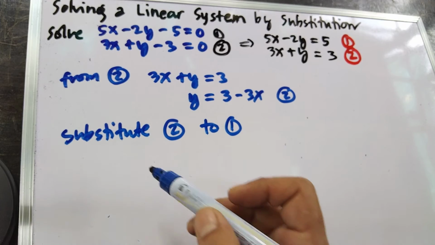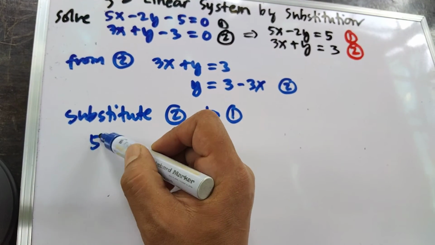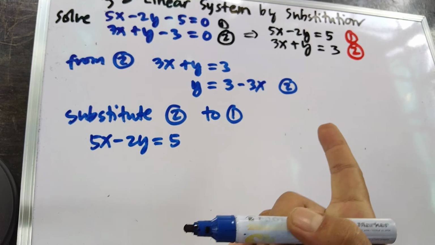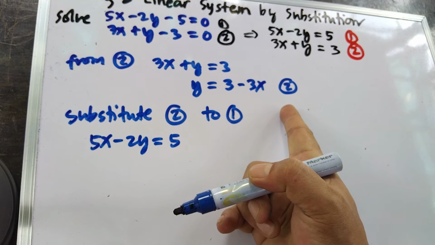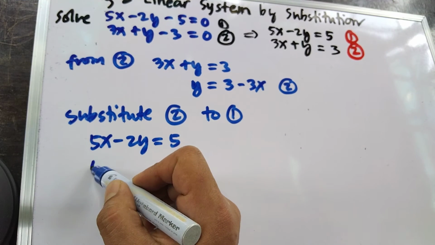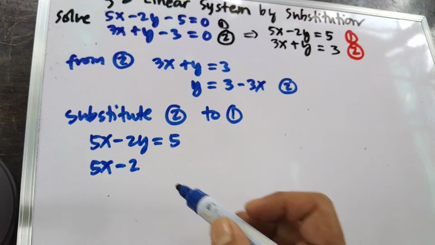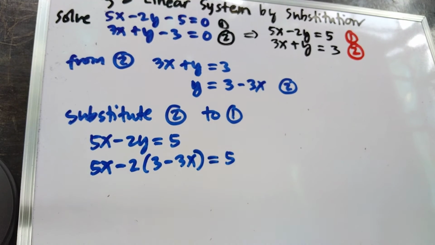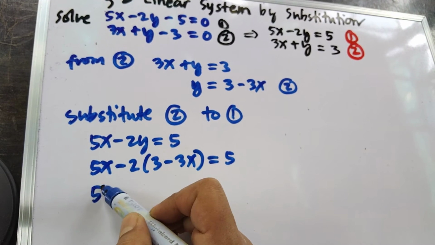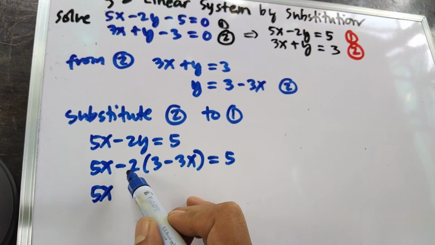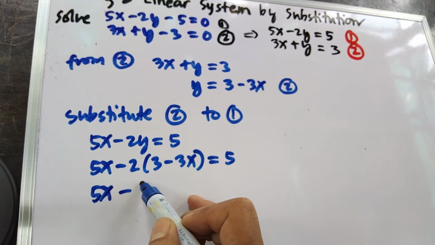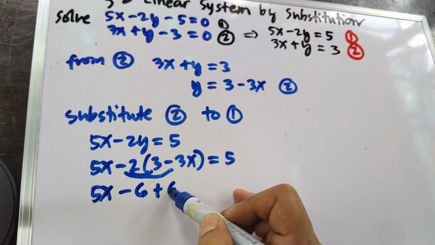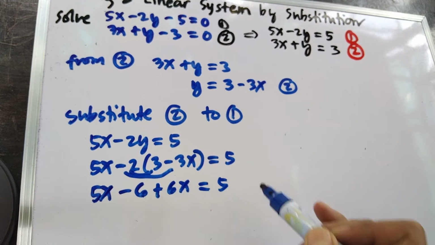From equation 1, we have 5x minus 2y is equal to 5. We copy 5x minus 2 times 3 minus 3x is equal to 5. So, you have 5x, we distribute negative 2. Negative 2 times 3, you have negative 6. Negative 2 times negative 3x, plus 6x is equal to 5.